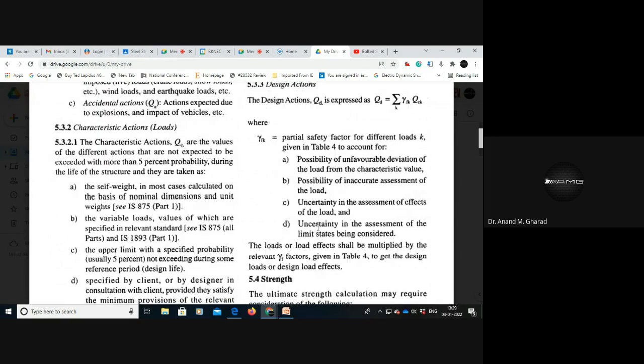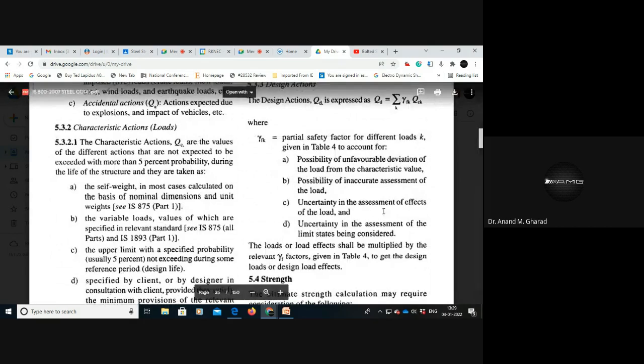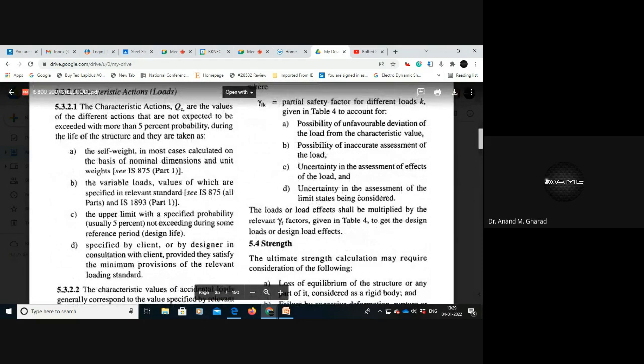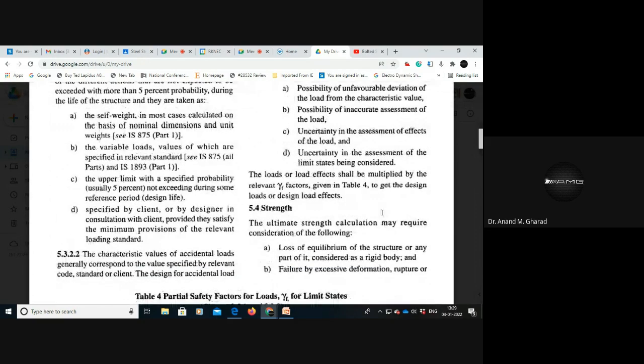Possibility of inaccurate assessment of the load. Uncertainty in assessment of effects of load. Uncertainty in assessment of limit states being considered. There may be a possibility that we may consider some other value for the limit state of strength or serviceability. So in order to incorporate all these things, we need to consider the partial safety factor.